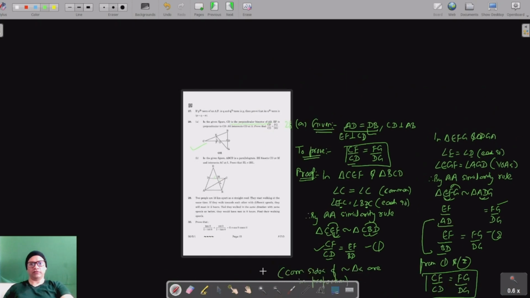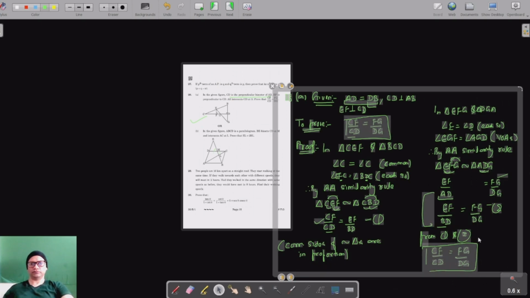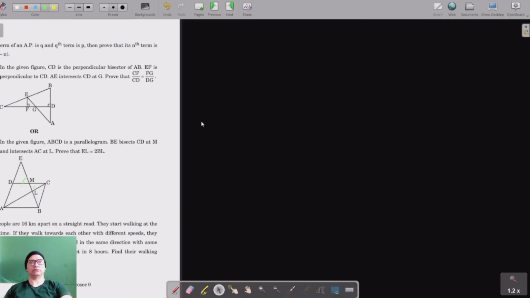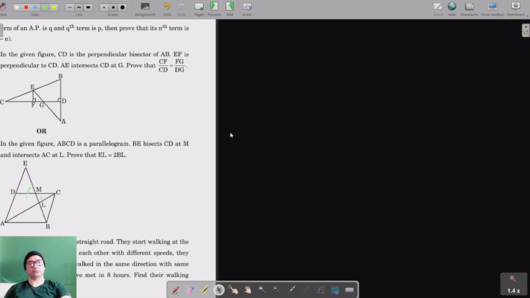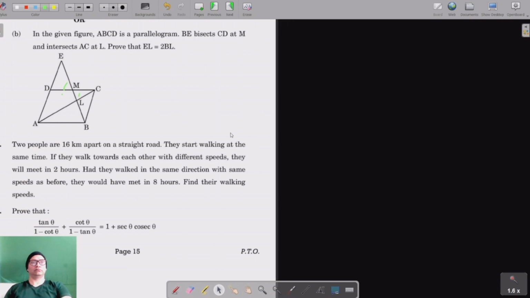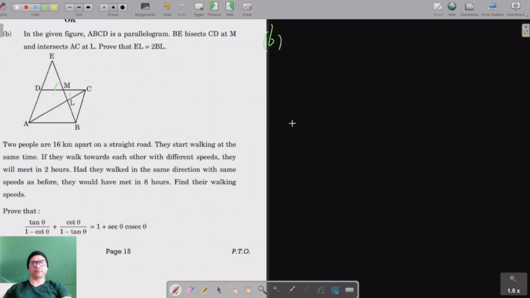For this, we are going to erase all this. So in the given figure, it's given that ABCD is a parallelogram. So ABCD is a parallelogram.